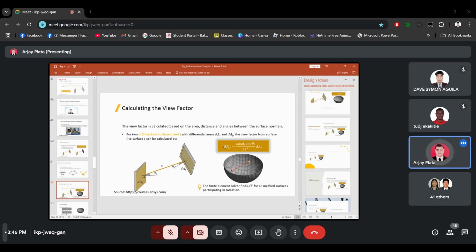The s here is the distance between the two surfaces.